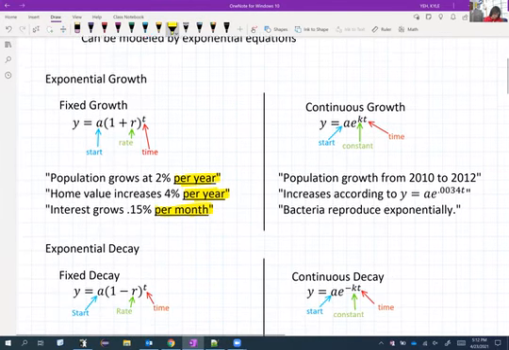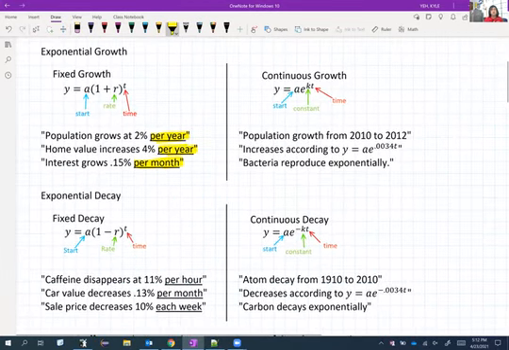And a really similar conversation to be had with decay. Exponential decay in the fixed category: caffeine disappears at 11% per hour. Car value decreases 0.13% per month. Again, each week. If it happens at a very set time interval, it's going to be fixed.